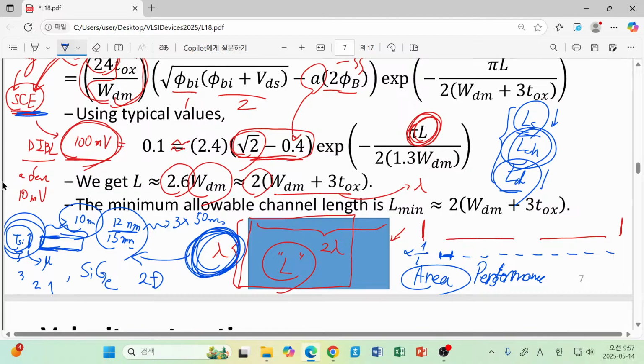However, the promise is, now we have 2D material. Well, 2D material by its own nature is thin. How thin is it? It is about 0.7 nanometer thin.